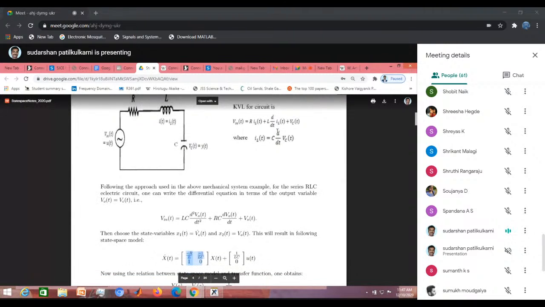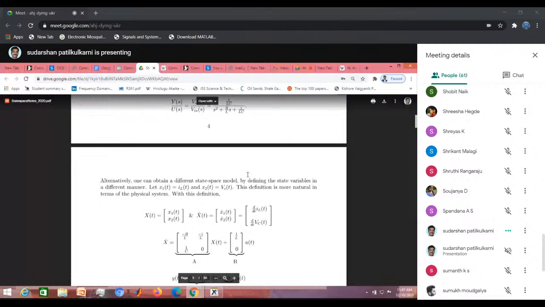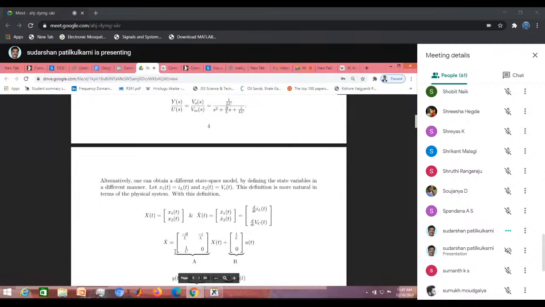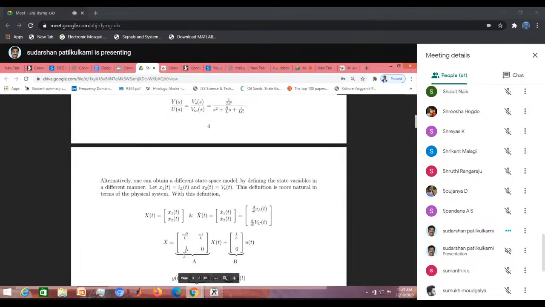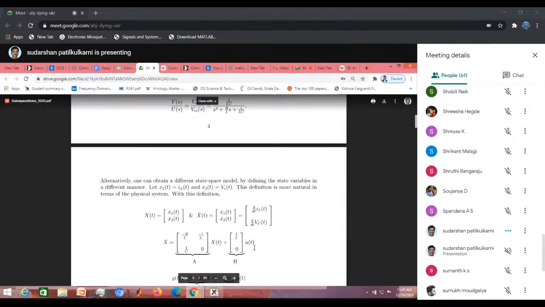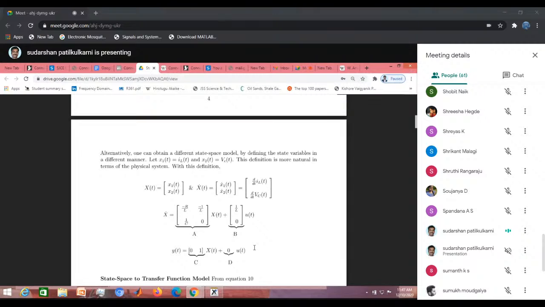Then it will be minus R by L and minus 1 by L as the first row, and x2 dot is dVc by dt, which is 1 by C into the loop current. So 1 by C into x1 of t. So that means for a given physical system, we were able to write two state space models.